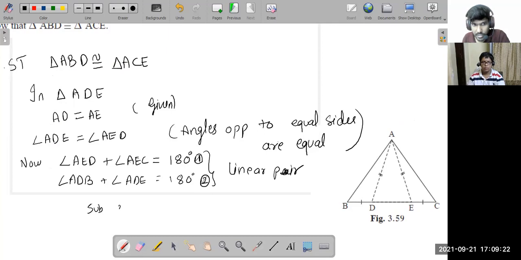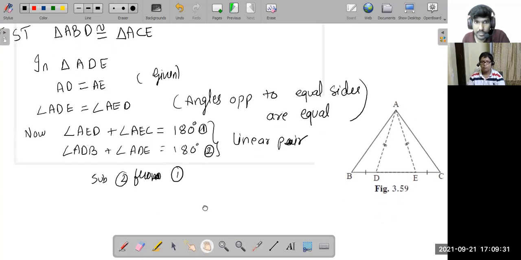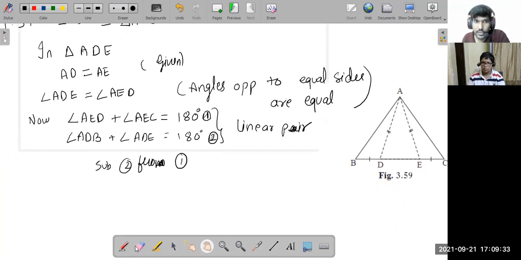Subtract 2 from 1. When you're doing subtraction, subtract right hand side with right hand side, left hand side with left hand side.